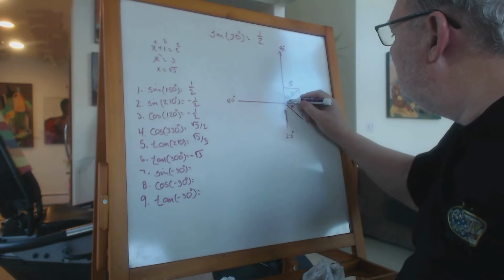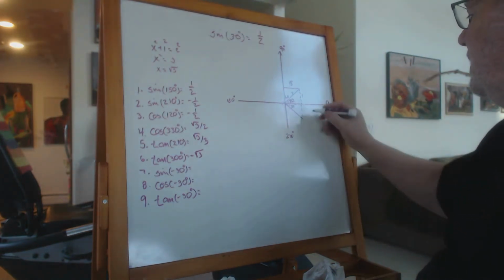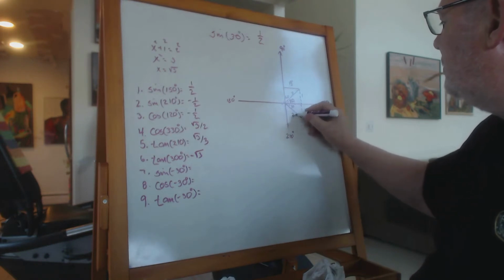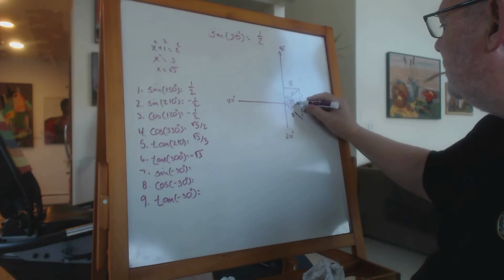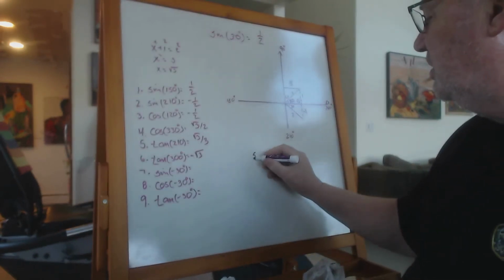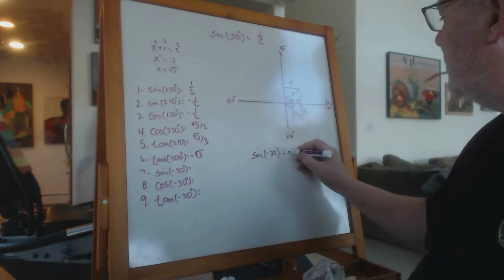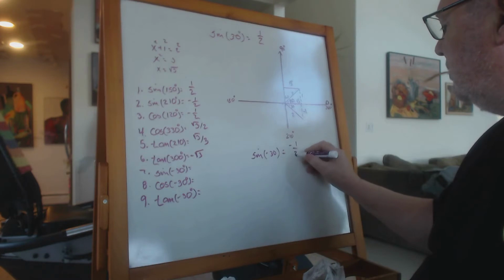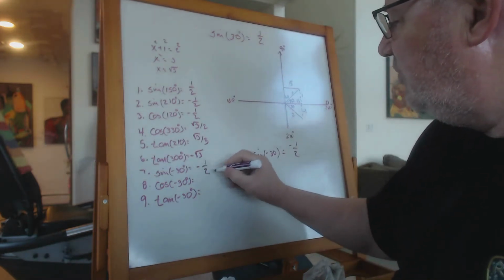This is 30. That's minus 1, 2, and this is the square root of 3. So sine of minus 30 is equal to negative 1 on 2, and that's minus 1/2.